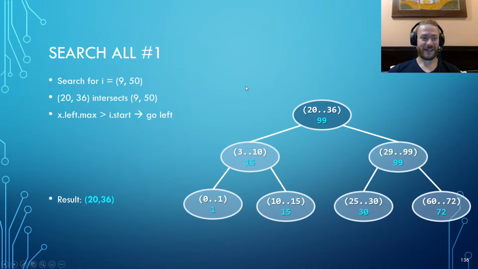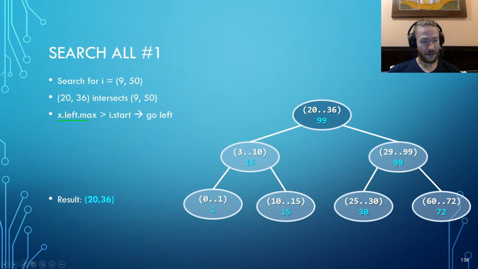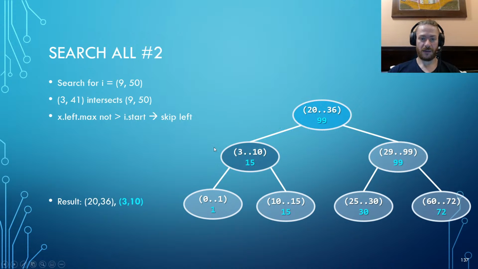Here it is. As an example, we search for 950 and check 2036. It intersects with 950, so we add it to the result. The formula says the left max should be bigger than the start, so we go to the left. And we go to the left.